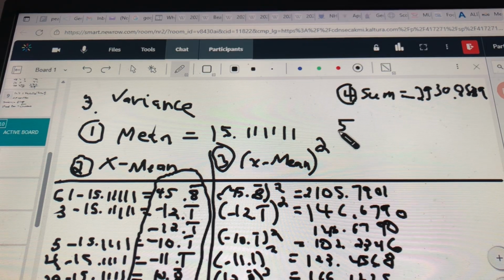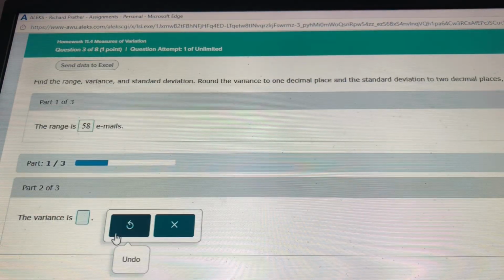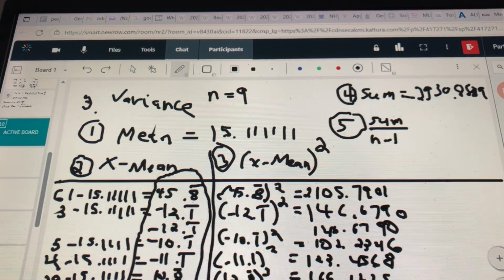Okay, the fifth and final step for variance is you take this sum and you divide by what they call n minus 1. N is how many numbers we started with. We started with 9 numbers. That's called a sample size. N is 9. Okay, there are actually 2 ways this problem can end.